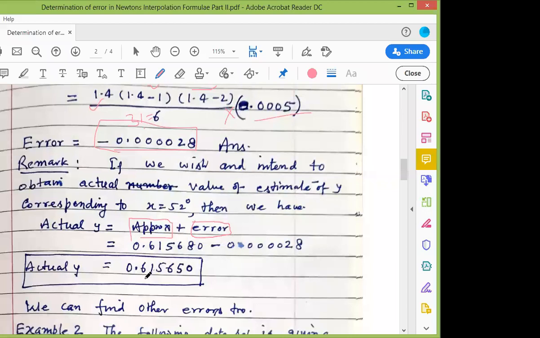So this value is 1564. So accuracy is high. If we do not compute the error, then this value has no accuracy.